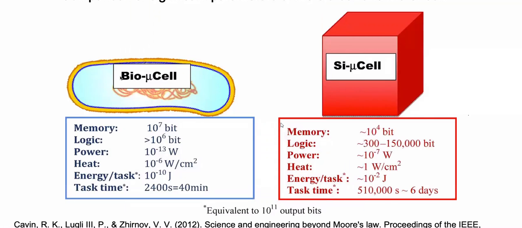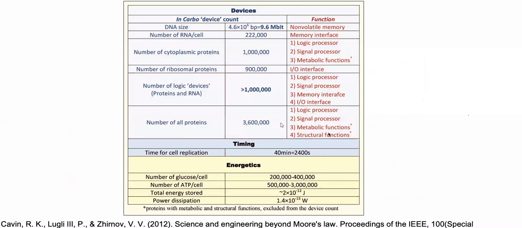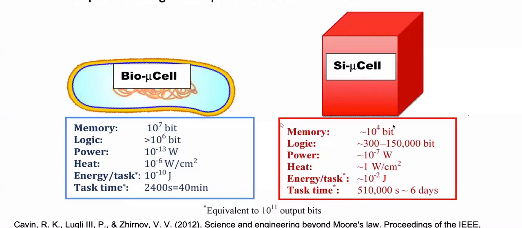So if you compare computers to cells, in cells, the memory is 10 to the 7 bit. In computers, the memory is about, in single silicon, even in the best operation, multi-cell, vertical, we can store like 1,000 bits or maybe 2,000 bits, 10,000 bits. The logic, we can have this number.